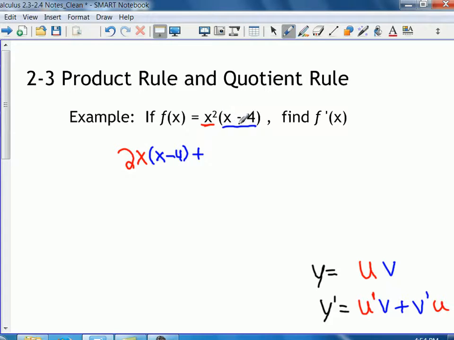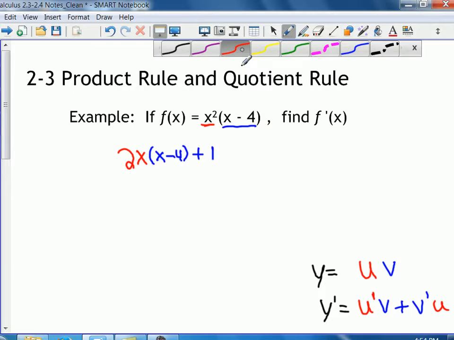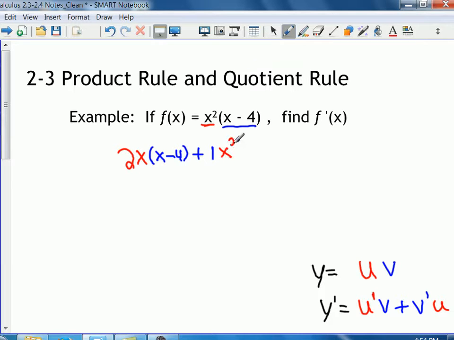If this was the problem, just this x minus 4, your derivative of that would be 1 minus 0, or 1 plus 0, right? Just 1. So the derivative of the second is 1 times the first left alone. So you're noticing you're doing the derivative, leaving it alone, doing the derivative, leaving it alone. So don't forget about that. So it's the derivative of the first times the second, plus derivative of the second times the first, and that is f prime of x for this function that we're looking at.